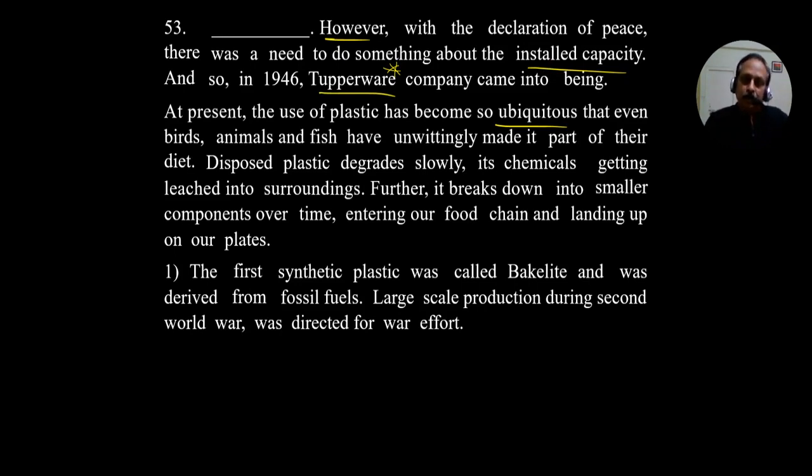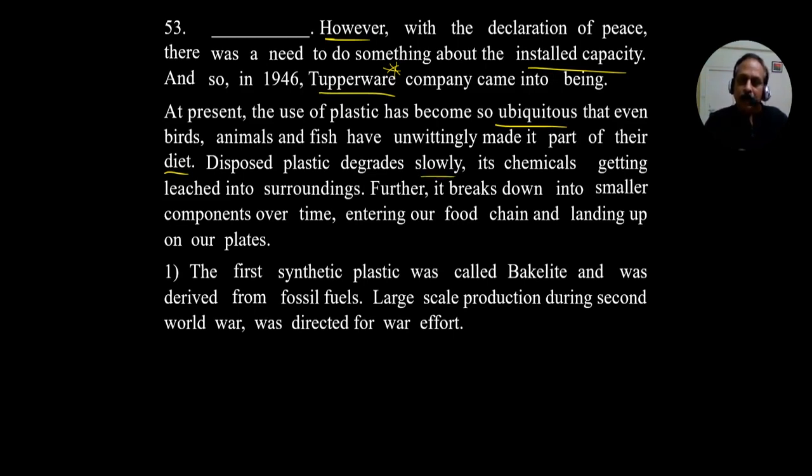At present, the use of plastic has become so ubiquitous that even birds, animals, and fish have unwittingly made it part of their diet. Today, if you go to the marine world, marine pollution is one of the problems, so much plastic in the oceans, and because of that, fish and marine fauna are eating the plastic and getting badly affected. Disposed plastic degrades slowly.